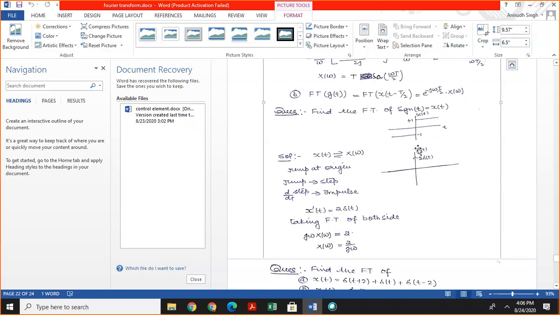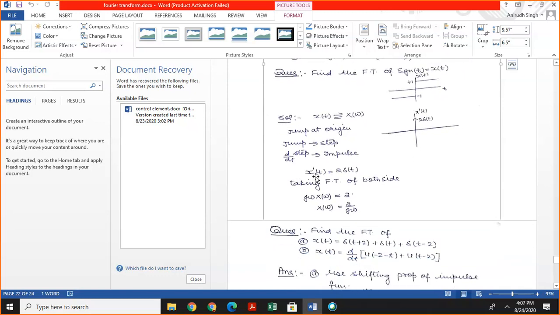So dx by dt is drawn by this diagram. dx by dt is given by 2 delta t, and taking the transform on both sides, we get j omega multiplied by X of omega is equal to 2, because the Fourier transform of the delta function is 1, and X of omega is 2 by j omega. And we know that the Fourier transform of signum t is given by 2 by j omega.